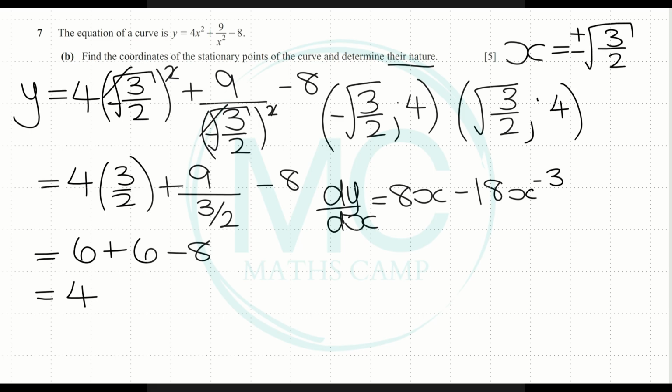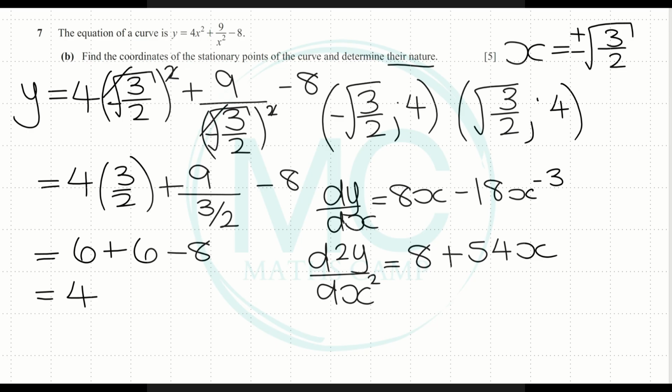And now I can find my second derivative. d squared y over dx squared is equal to, my x term becomes my constant, so we get 8. Negative 18 multiplied by negative 3 gives me positive 54. So I get plus 54 x with an exponent of negative 4.